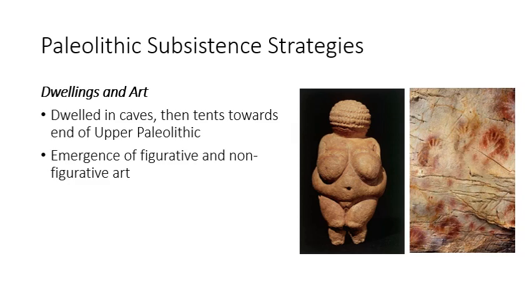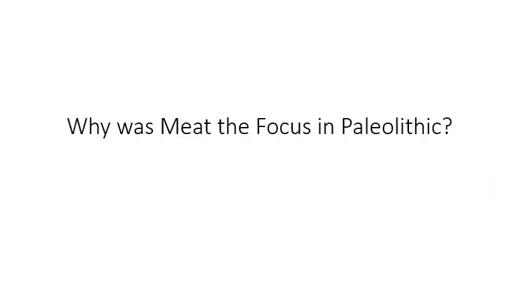As pointed out, we see the emergence of figurative art, so a sculpture of the Venus of Willendorf, for example, and then non-figurative art. We see an example here as well. People begin to express themselves on cave walls, and eventually this becomes much more complex over time as well.